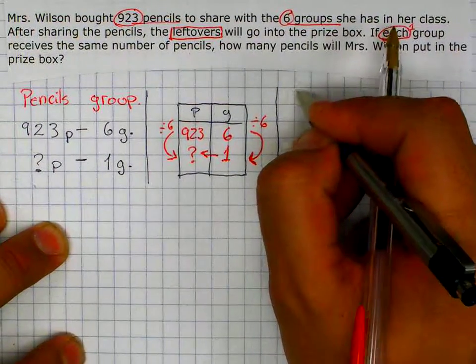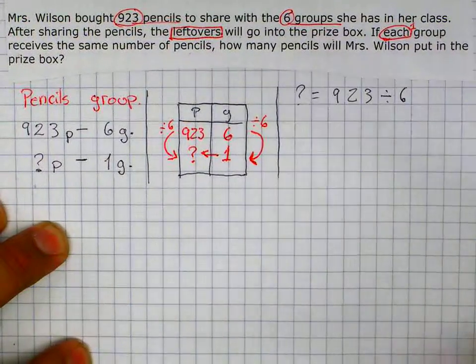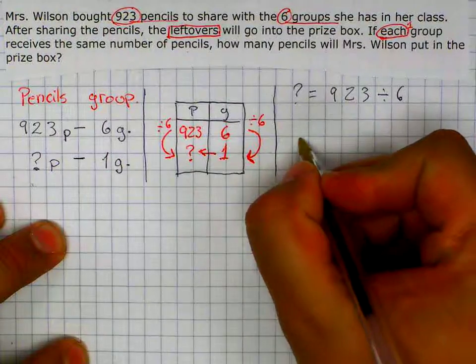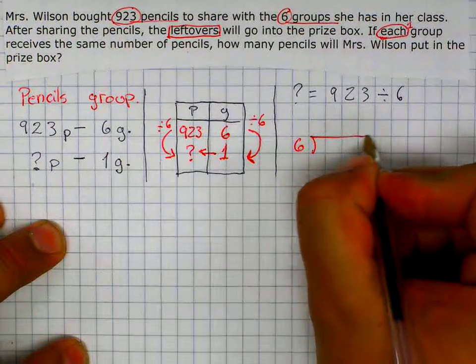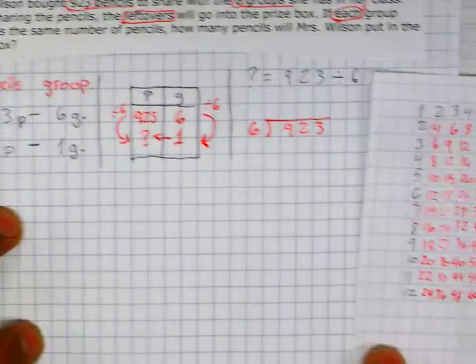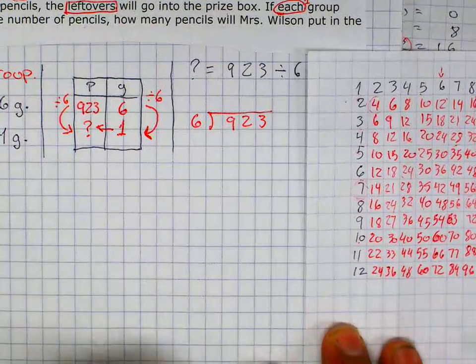So to divide 923 pencils divided by 6 groups in the class. So 6 divided into 923, which I have right here next to me. Right there is my 6 times table.